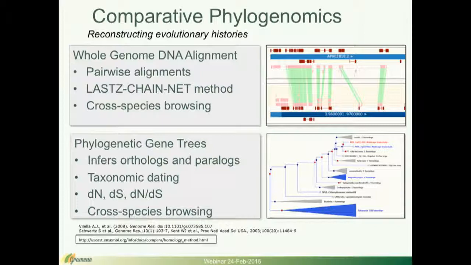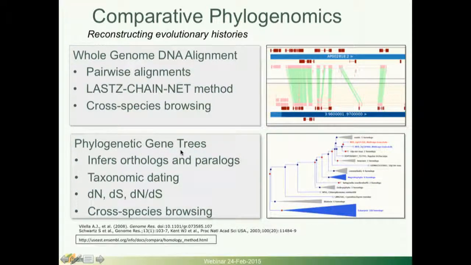These are pairwise alignments, and we employ the LastZ chain net method of alignment. I'll show you a little bit more about this, but this is the type of view that you can get, and as I mentioned before, you can do cross-species browsing.